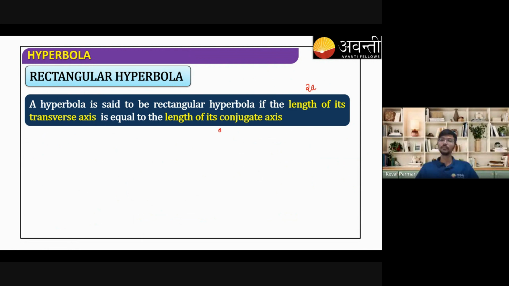What is the length of the conjugate axis? 2b. That means if 2a is equal to 2b, that means a equals b, then the hyperbola is a rectangular hyperbola. This is a general definition. We studied the rectangular hyperbola where the asymptotes were the coordinate axes.